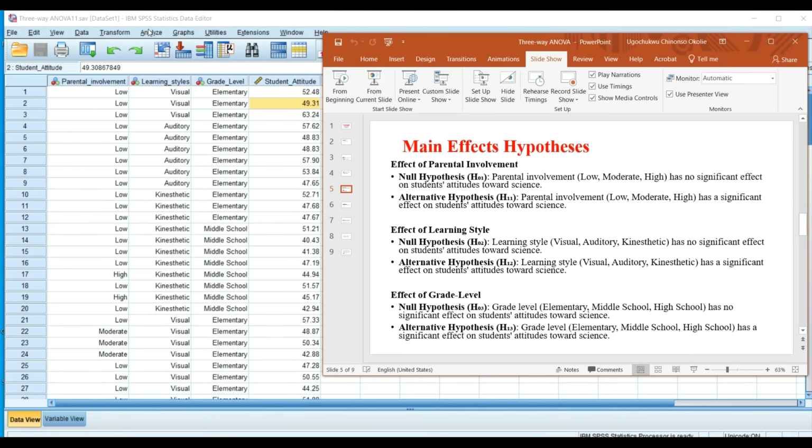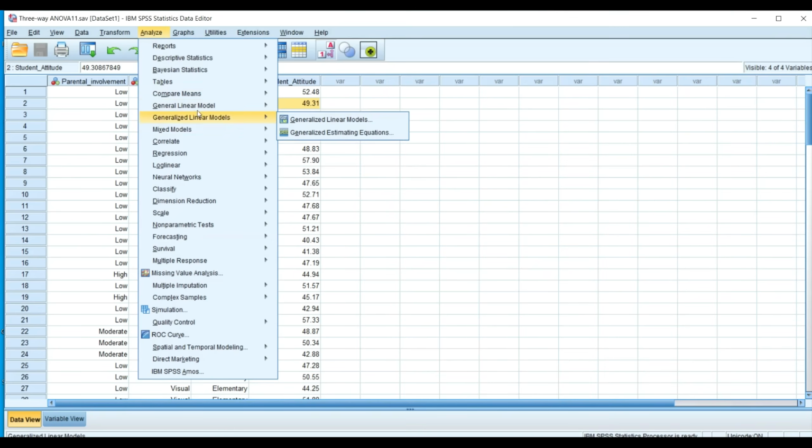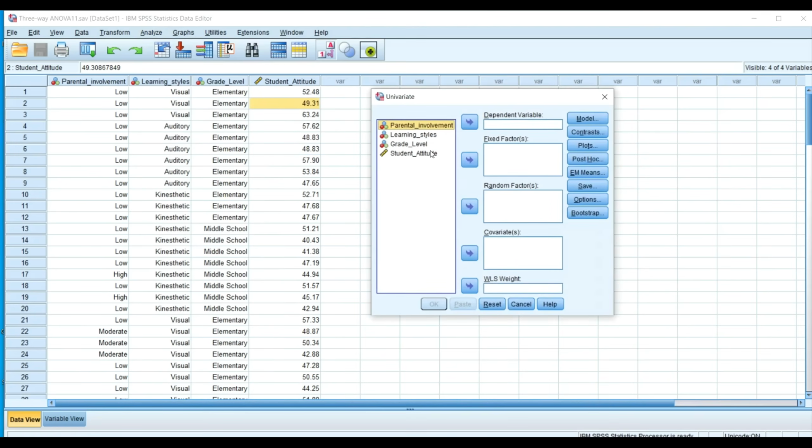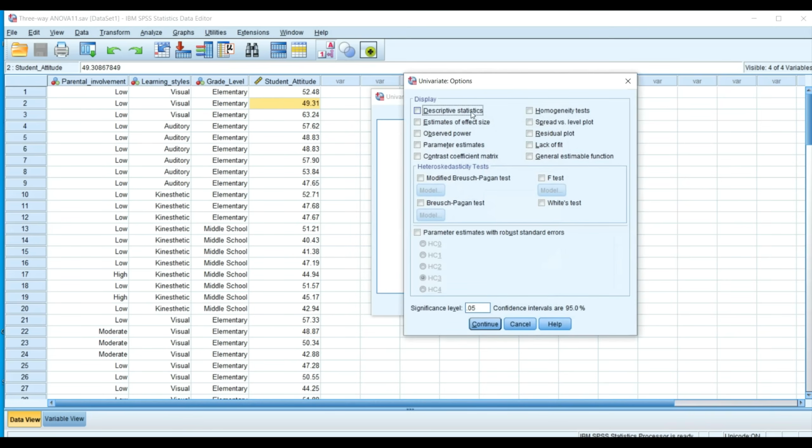To do that, we go to Analyze, General Linear Model, Univariate, and we put the student attitude into the dependent variable box, and then we select parental, learning, and grade level into fixed factor. First of all, we want to see the descriptive statistics, and then the effect size.